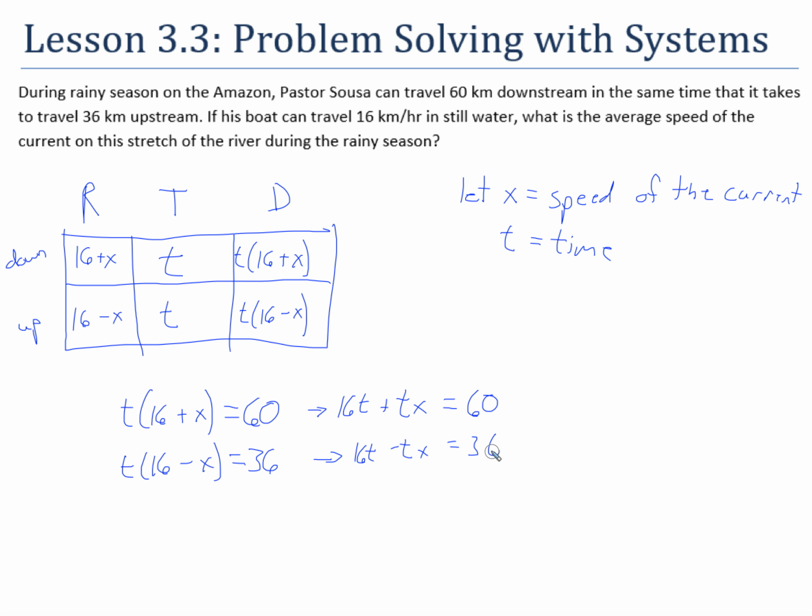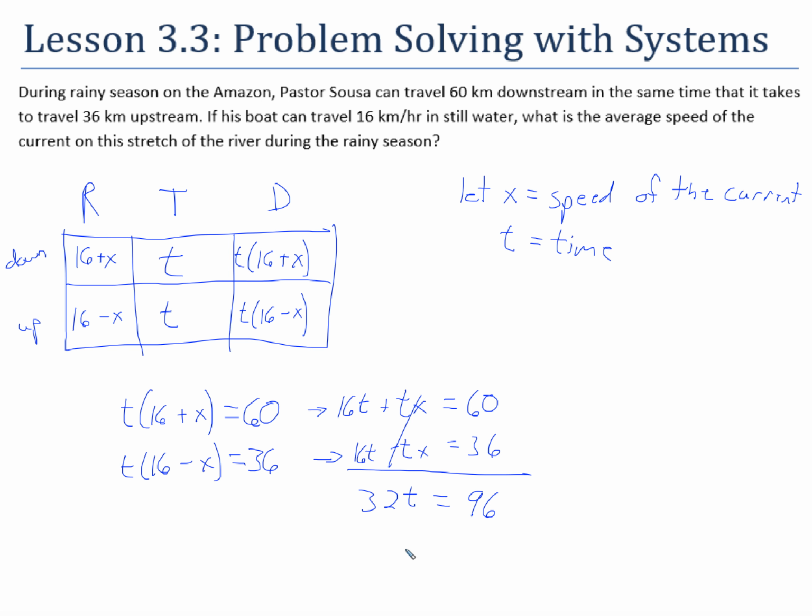At first that might look a little scary, but we actually have opposite terms, a 1tx and a negative 1tx. So this is set up very nicely for elimination right off the bat. We can add these. 16t plus 16t is 32t. tx minus tx is 0, they eliminate. Equals 60 plus 36 is 96.